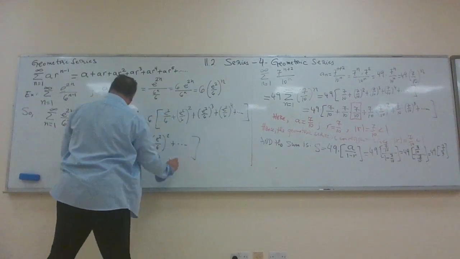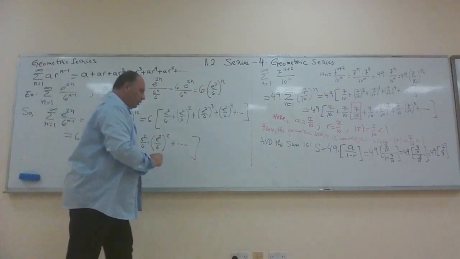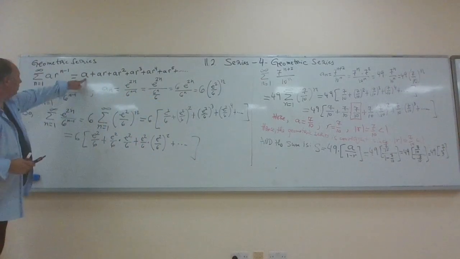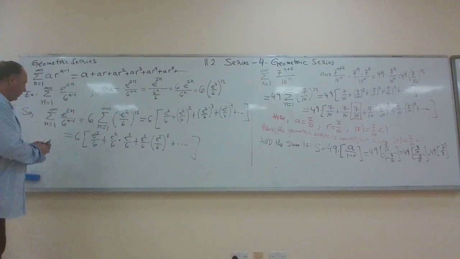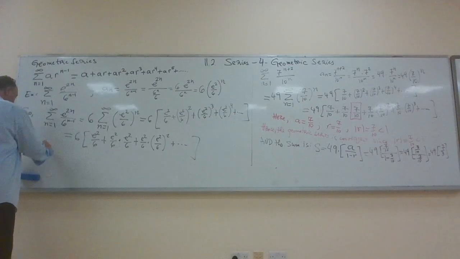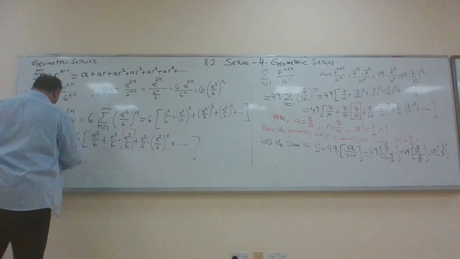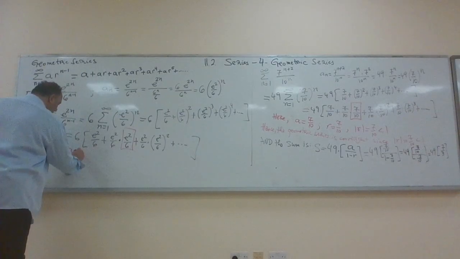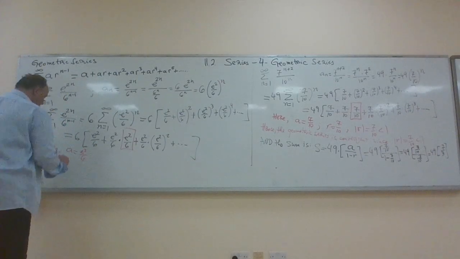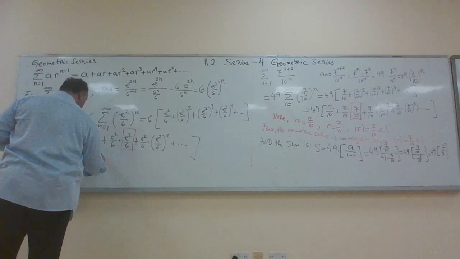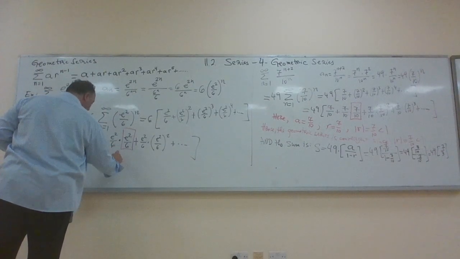Okay, no need for the rest. So now again, I'm able to identify a, the first term, and then I'm able to identify r. So my r will be this. A is the first term, e squared over 6, which doesn't play much role at this moment. Now r is here, is also e squared over 6.